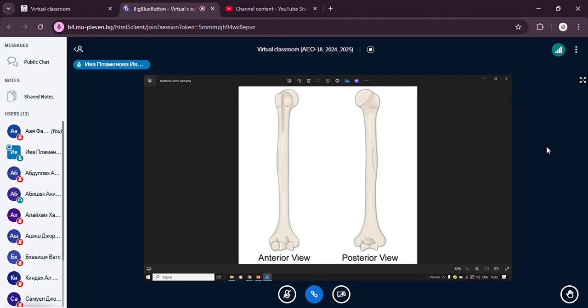And here, behind the medial epicondyle, should be another groove, but for the ulnar nerve. So on the posterior side is the groove for the radial nerve. Here at the distal end, behind the medial epicondyle, is the groove for the ulnar nerve.